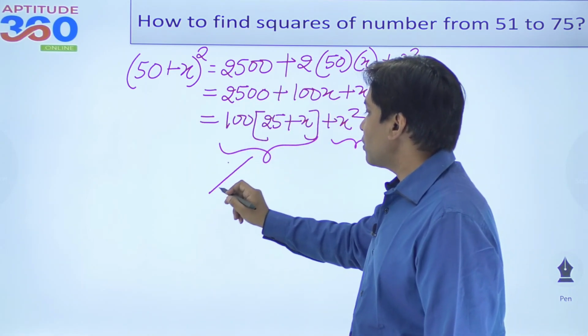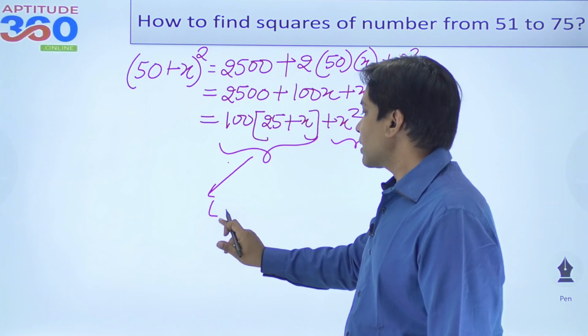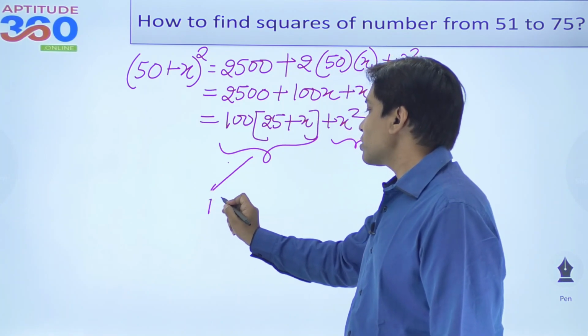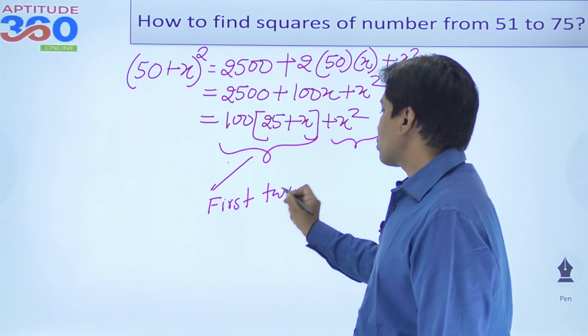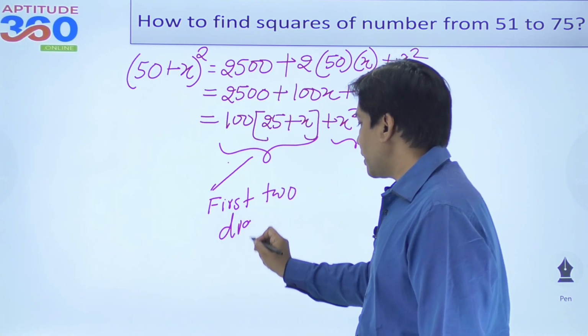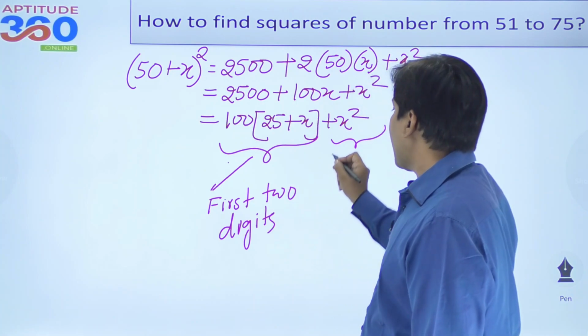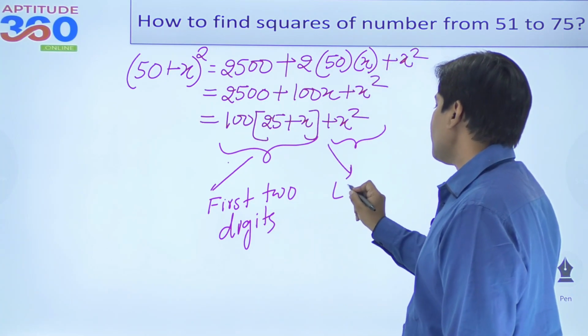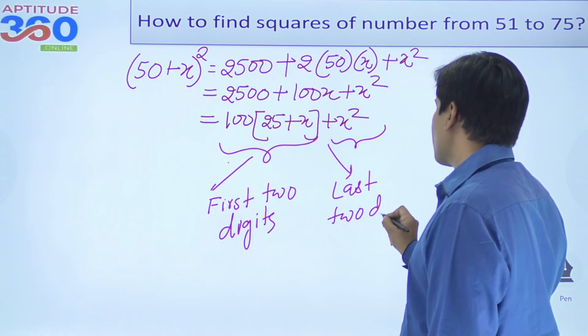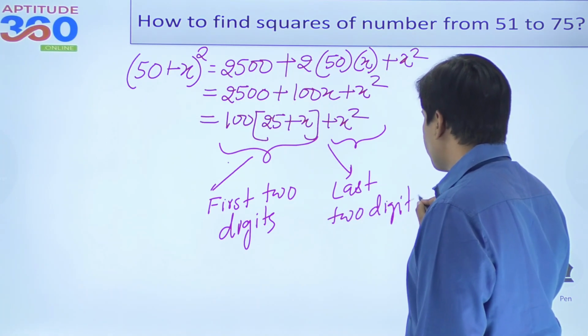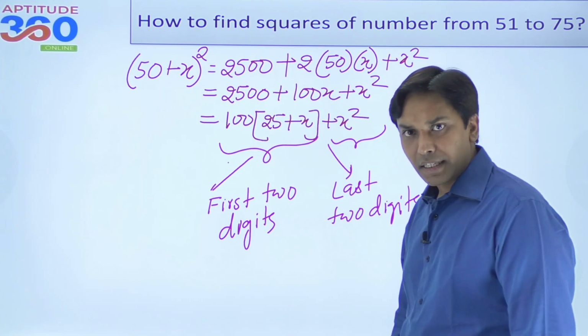So this will give you the first two digits, and the last two digits will be coming from here, and that's pretty simple. Now probably you understand why.